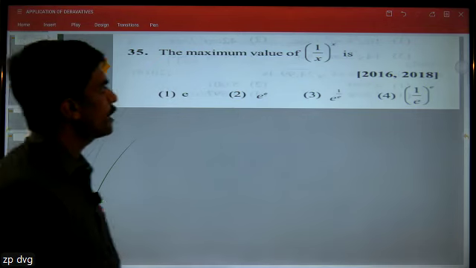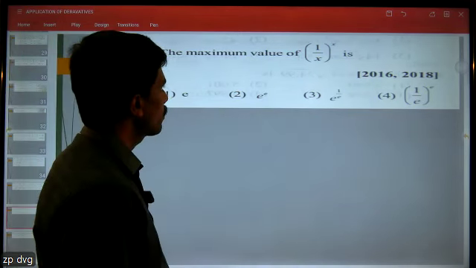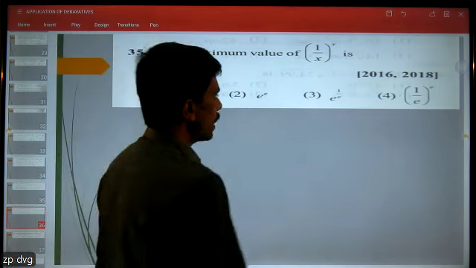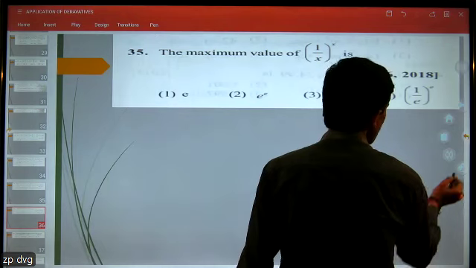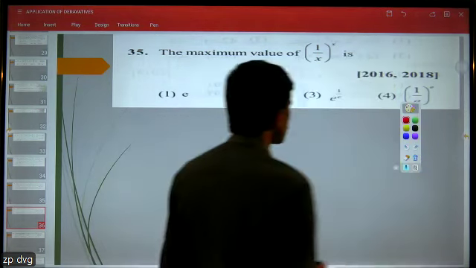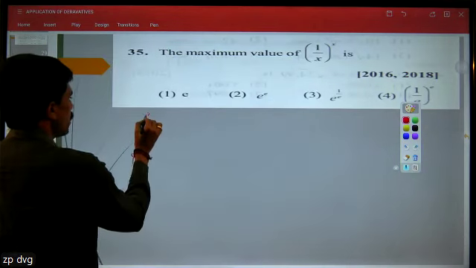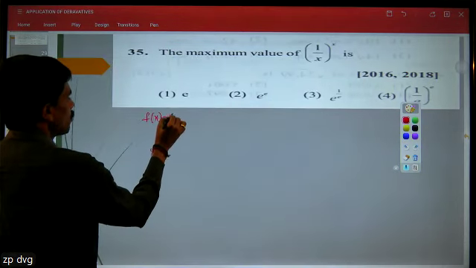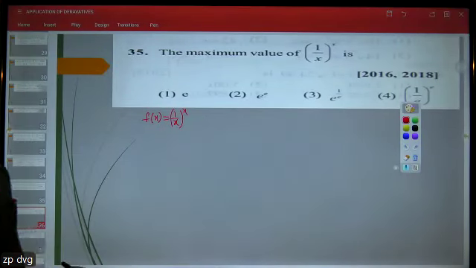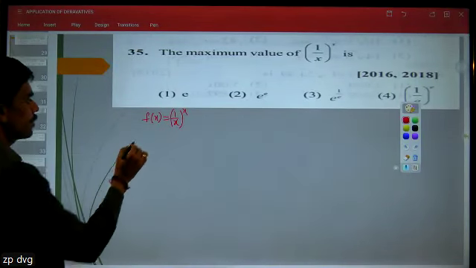The maximum value of (1 by x) whole power x. So you have to take f of x equal to (1 by x) whole power x.